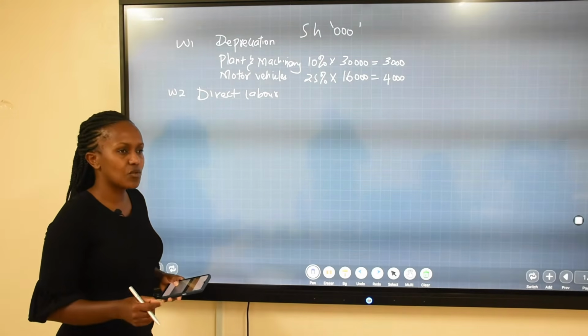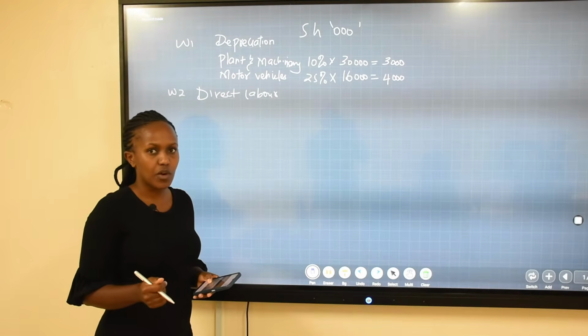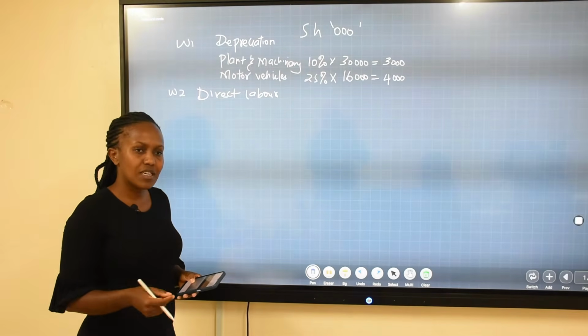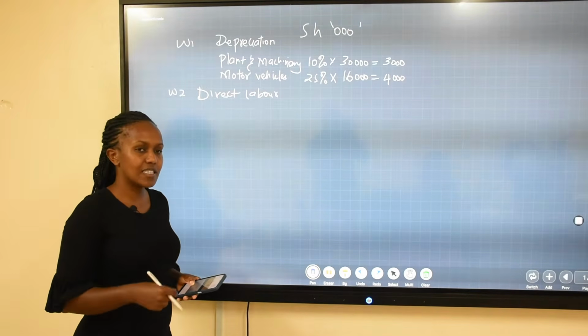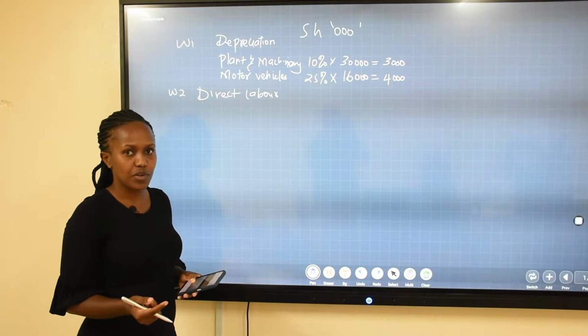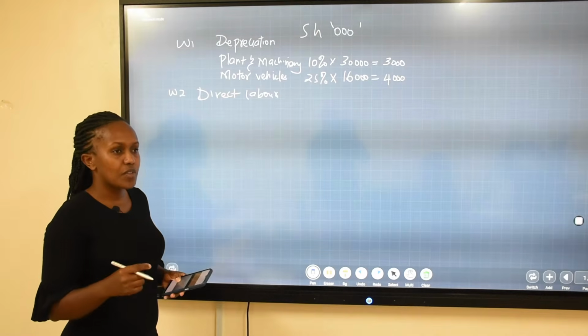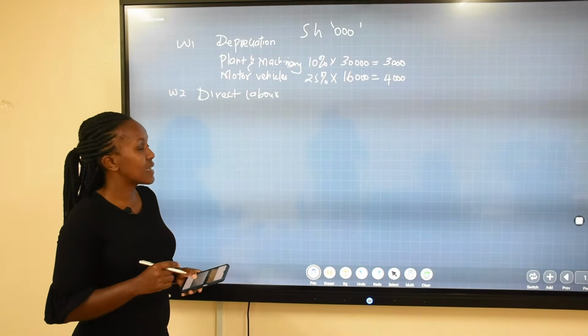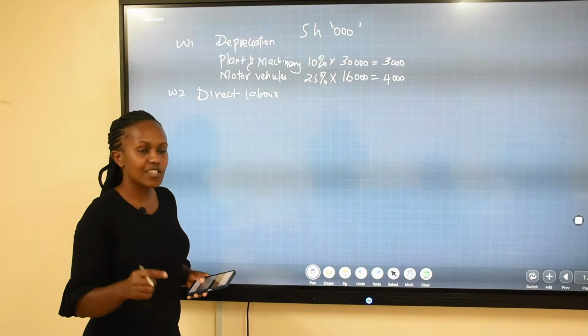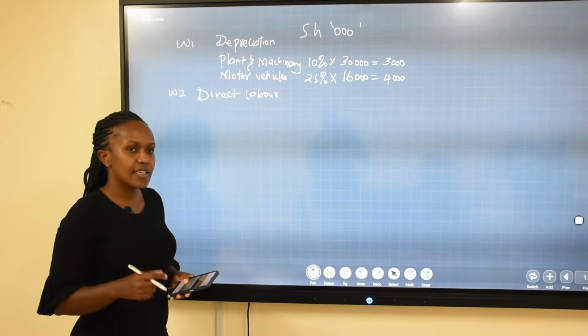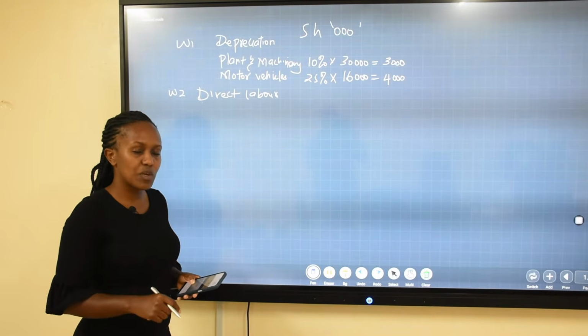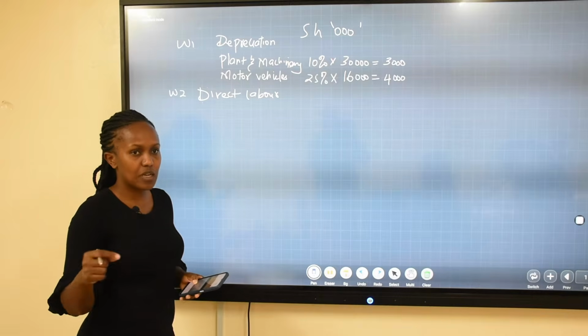Now the first thing is to learn what an accrual is. An accrual is an amount that has remained outstanding at the end of the accounting period, meaning it has not yet been paid. So the figure we are given for direct labor in the trial balance does not include this amount, yet that amount belongs to this period. It is just that it has not yet been paid.